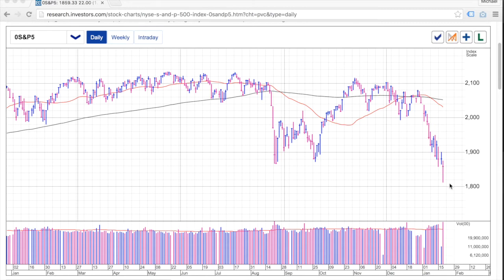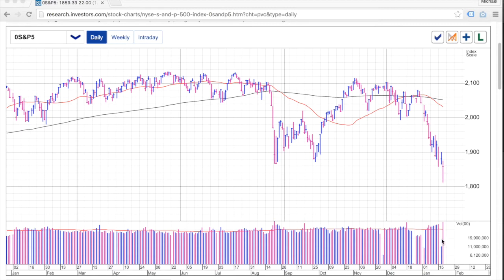So you can see that it closed down from the previous day, and so that's why this is in red. So you can see the day before it's in blue, and it's color coded that way because it closed higher than the day before. So if the S&P index closed lower than the day before, then it's going to be red. If it closed higher, then it's going to be blue. So that's what the colors mean, the red and the blue.